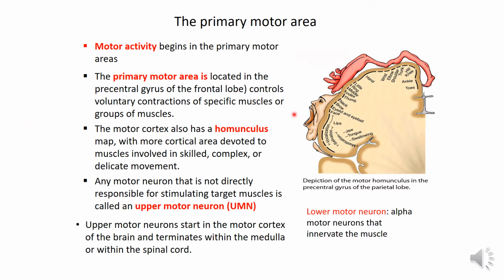So we have the primary motor area 4, the premotor area 6, the nuclei of the basal ganglia, the cerebellum, and some nuclei in the brainstem, and these areas have descending tracts, which usually terminate on the alpha and gamma anterior horn cells of the spinal cord that innervate the skeletal muscle.